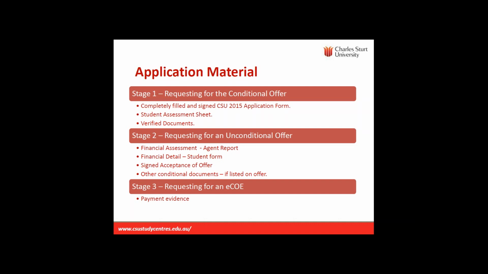Also, we have a student assessment sheet. It's a must document to submit at stage number 1, because the student assessment sheet is basically the questionnaire that will prepare your student for the next step, the GTE interview.